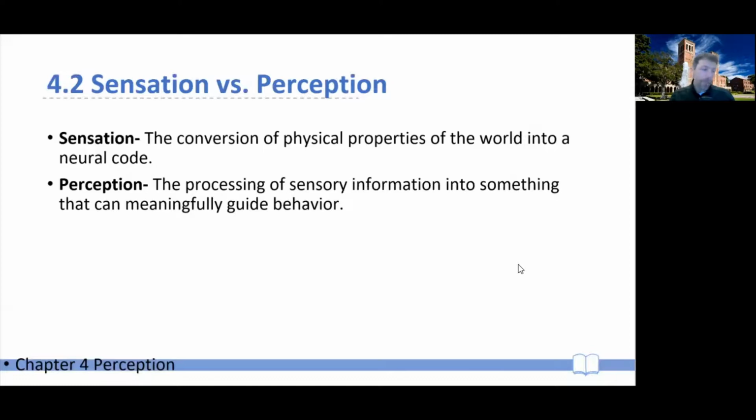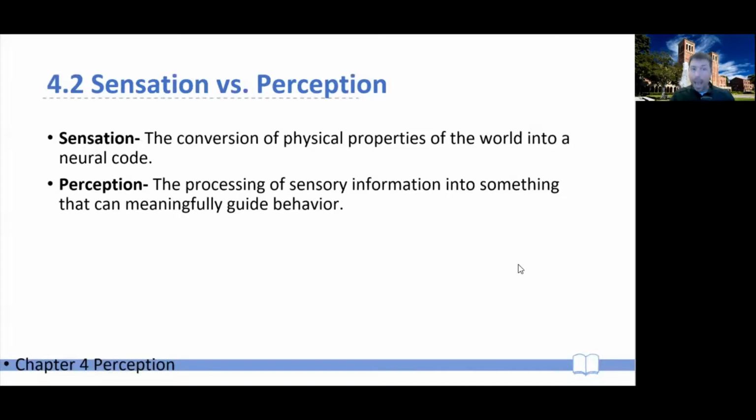We're going to discuss this in a little more detail, but every different sense that we have is a specialized organ to receive some kind of energy, for example, in the case of vision, photons, and transform that energy into the language of the brain.